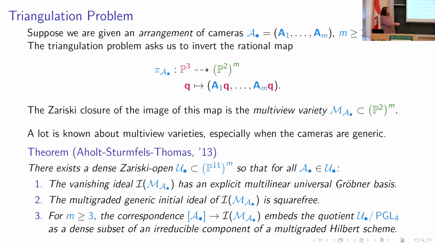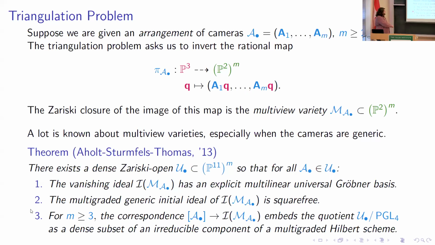So first of all, for any A bullet in this Zariski open subset of M-tuple camera space, the vanishing ideal of the multi-view variety has an explicit multilinear universal Gröbner basis. This means a Gröbner basis for any possible term order on the polynomial ring whose Proj is P2 to the M. So that's the first of these 3 results.